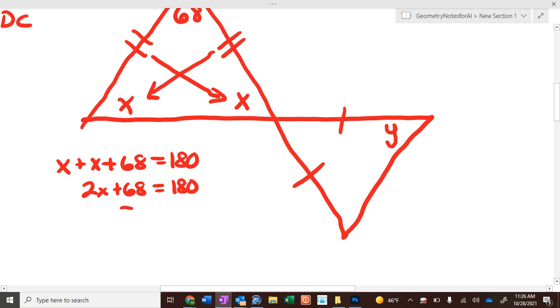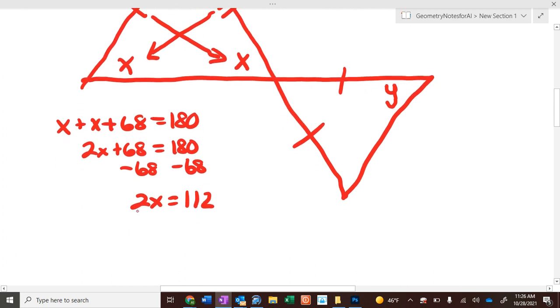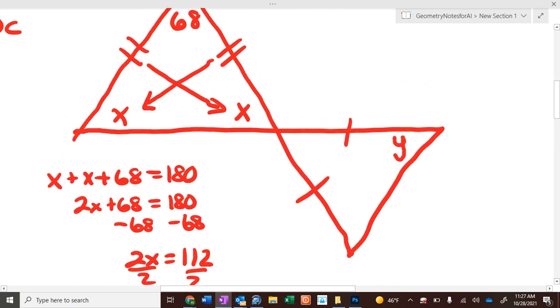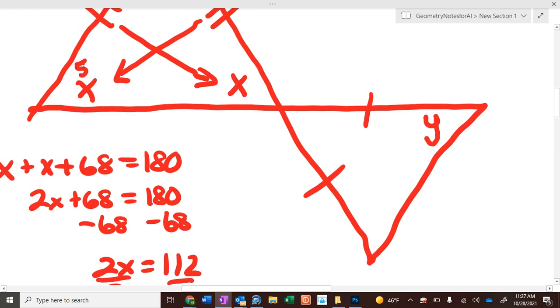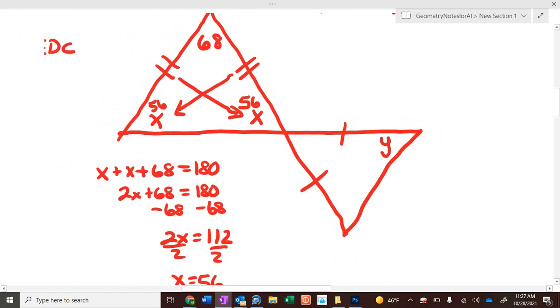We're going to subtract 68. So 2x equals 112. So divide by 2, x equals 56. So we know this angle right here is 56, and this angle here is 56.